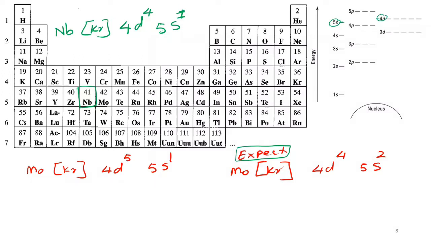But what actually happens is that there is a little deviation from the Aufbau principle. Draw the orbital diagrams. You will see the half-filled orbitals.